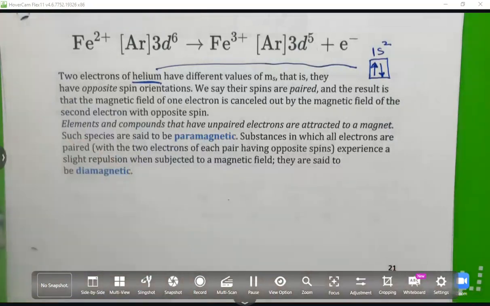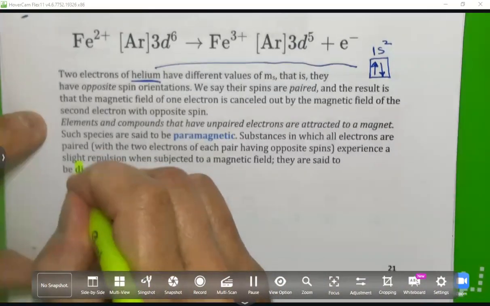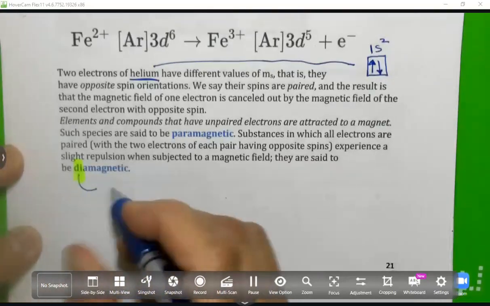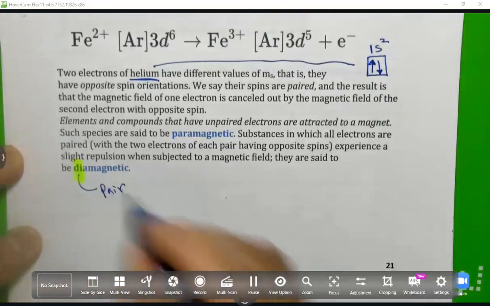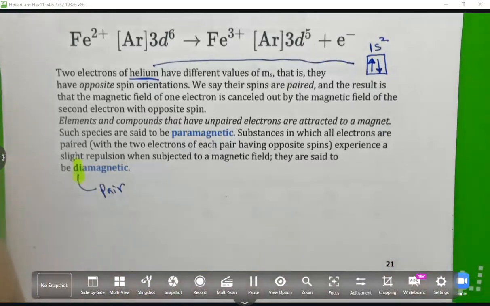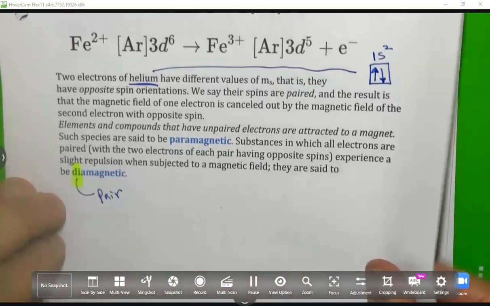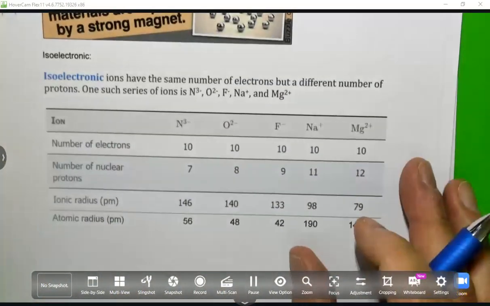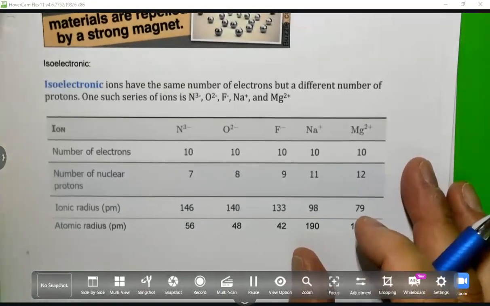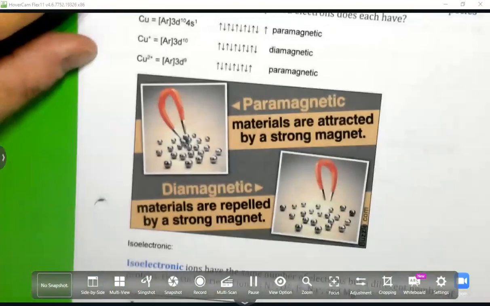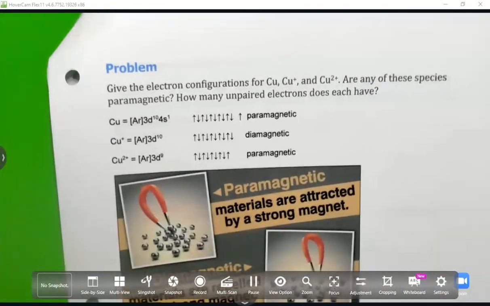So the way to remember this is this di is a pair. I took this straight out of our book.